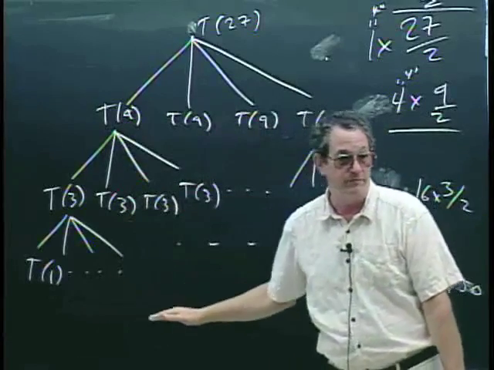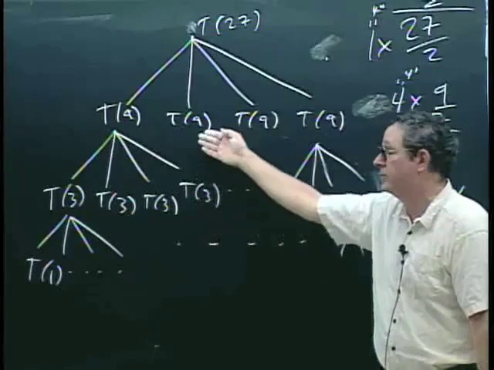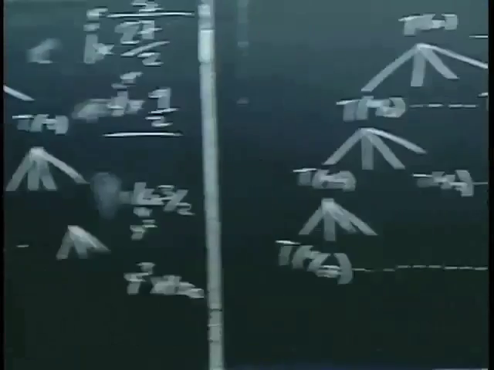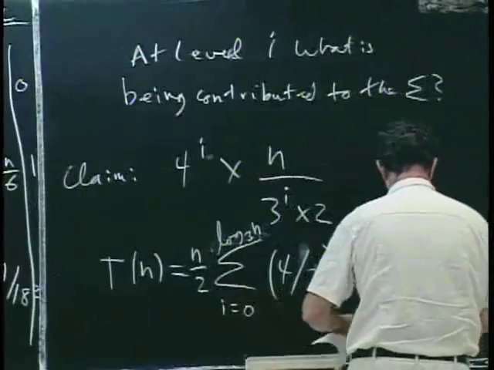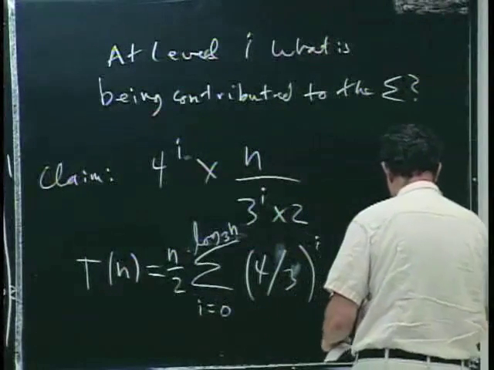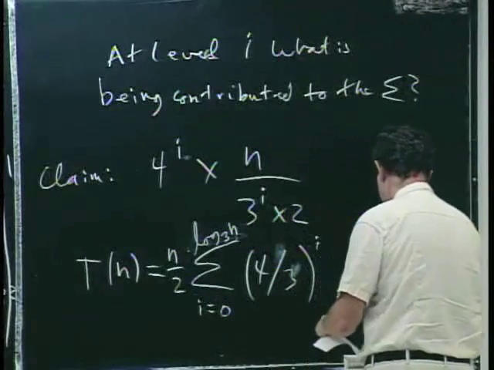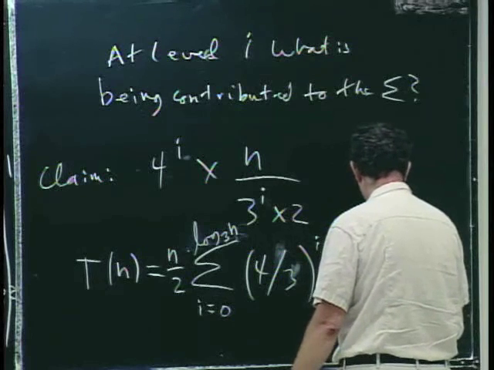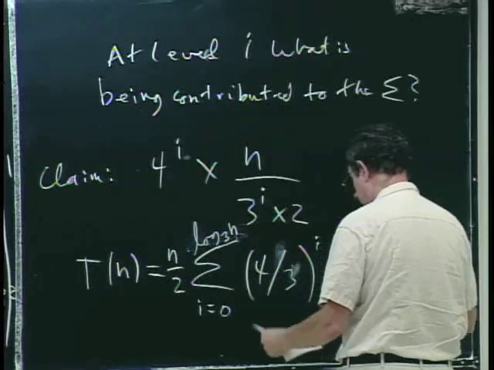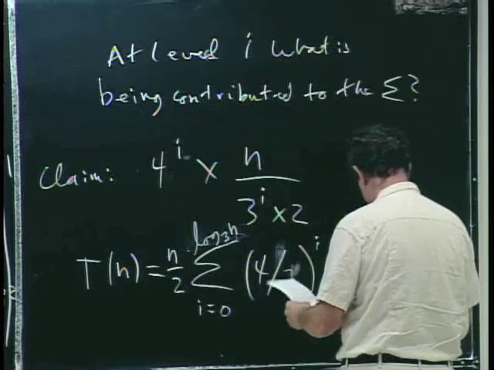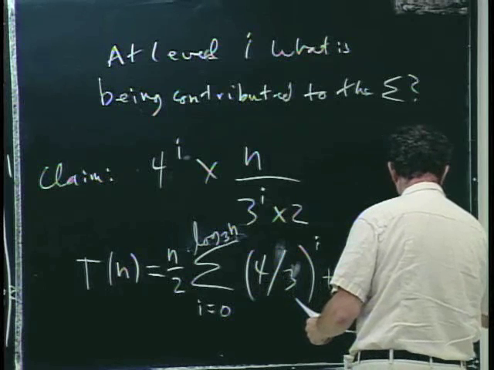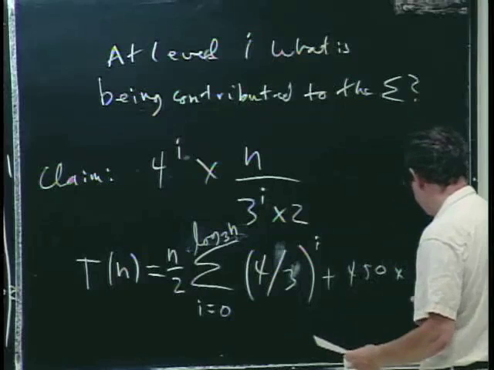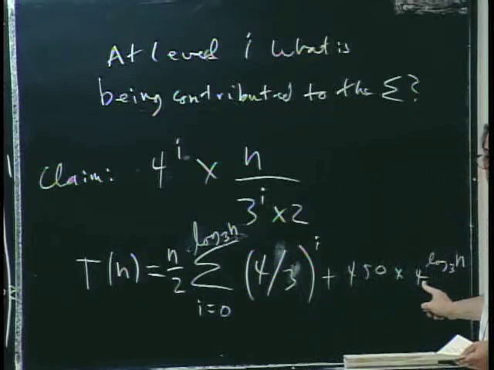We're branching 4 ways from each node that's in this tree. So it looks like it should be 450 times 4 to the log base 3 of n. That's the number of levels. That's the branching that we're doing at each level. Okay.